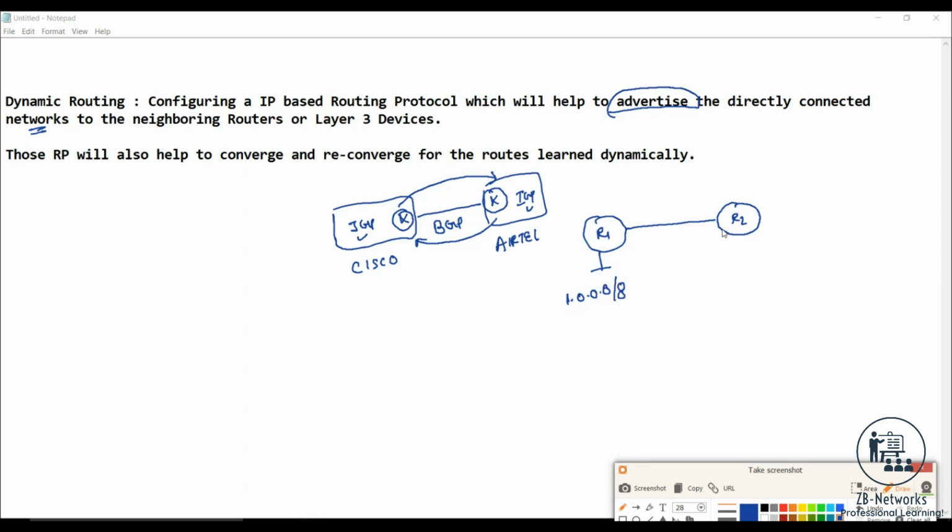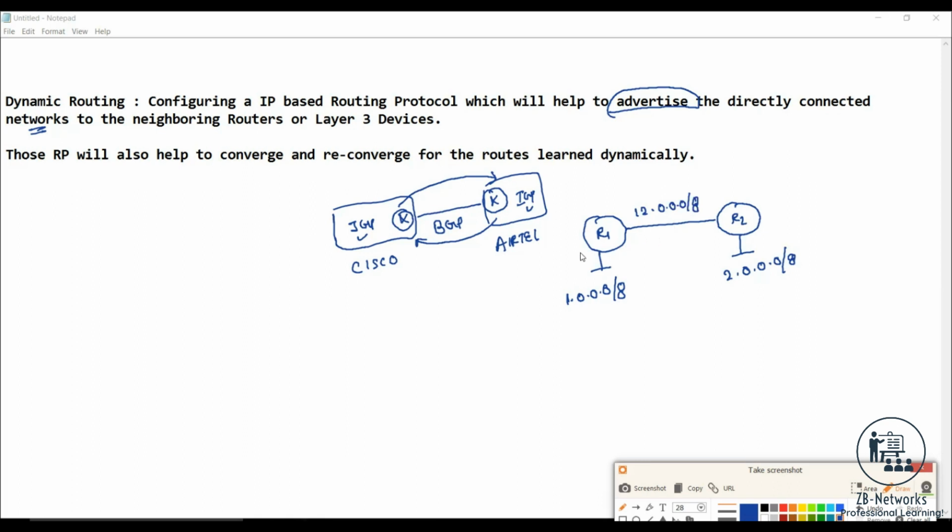I'm just taking it as an example; don't think public address, private address, whatever. So think I've got a network sitting behind R1 in the LAN, likewise behind R2 in the LAN, and they're connected via, let us say, a 12 dot network over here.